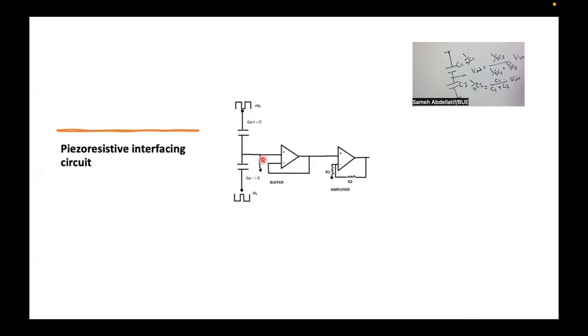Then, as usual, such potential dividers are not isolated in terms of a loading effect. That's why we usually use this cascaded buffer in order to isolate the signal with respect to what is next in the system. And finally, we use this very standard non-inverting amplifier with a gain of 1 plus R feedback over R series, or R2 over R1, whatever, to control the voltage gain applied to this circuit.